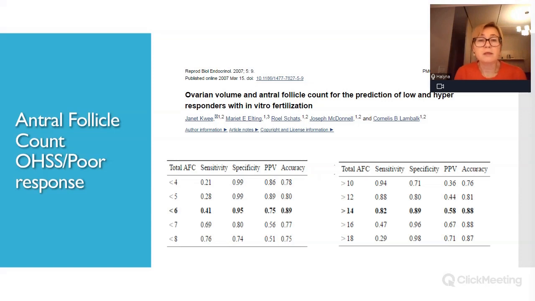If we look at the relations between antral follicular count measurement and the number of eggs, poor response, ovarian hyperstimulation syndrome, we can see very high sensitivity and specificity. So it is a very good method.